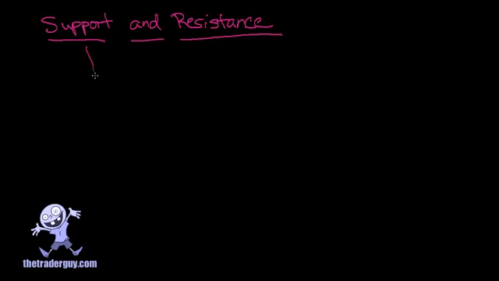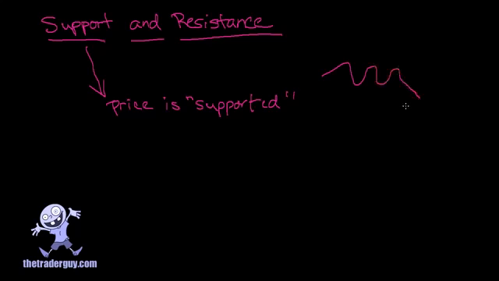Support is simply where price is supported. It's exactly what it sounds like. So you would get, for example, if you look at a chart and price is falling and it can't get past a certain area, it bounces up, it comes down, and it bounces up, and it comes down, and it bounces up again and again.